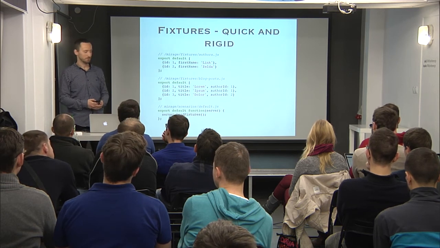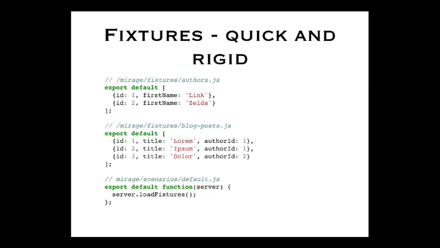You again do it like with any other files, that the name of the file is similar. It needs to be your model name. So it's just either an array of objects, or it can be objects with the relationships. So the author ID key is here. And then if you want to load this data, you have the default scenarios, which describe how the data are loaded in your development.